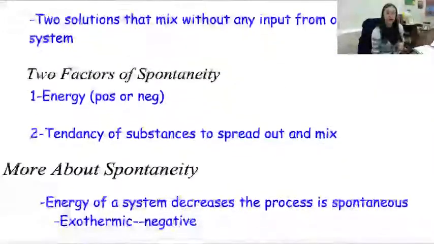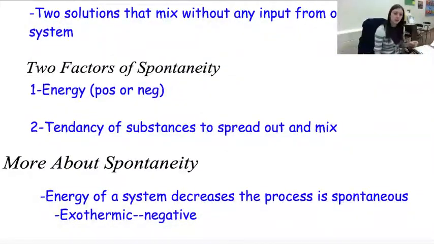That's my energy, whether it's positive or negative, and then my tendency of a substance to spread out and mix. And we're going to look a lot more closely here at exactly what these factors are, and what this tendency to spread out and mix is going to be. It has to kind of go along with, like, if you put food coloring in water, the food coloring is just going to spread out. That's the tendency of it just to want to mix.